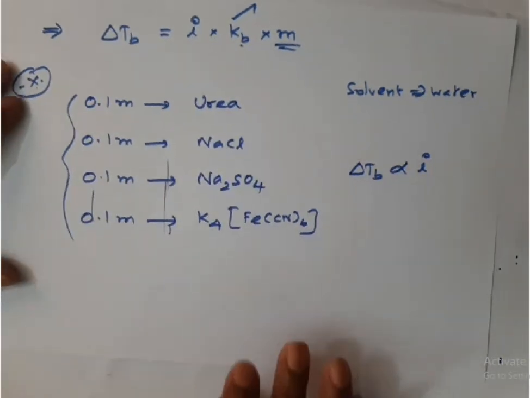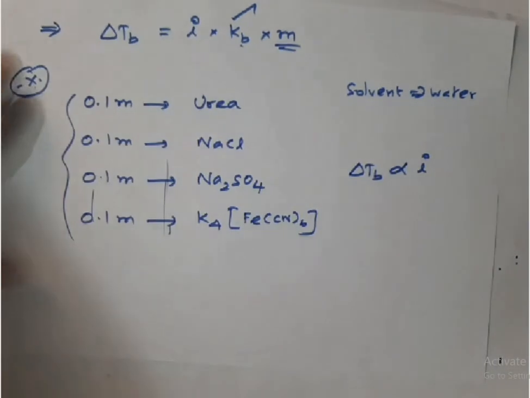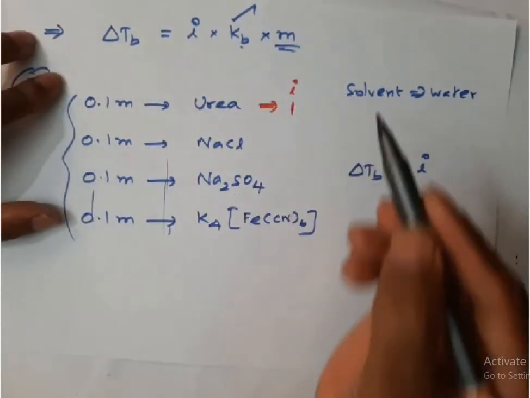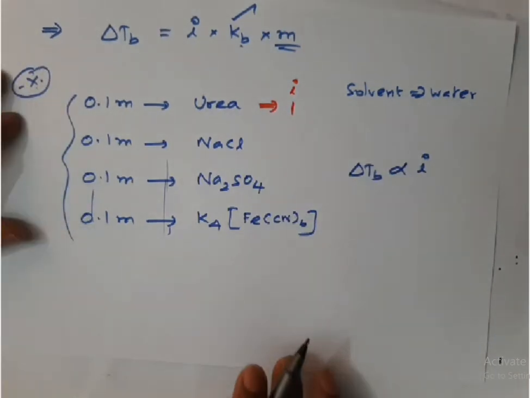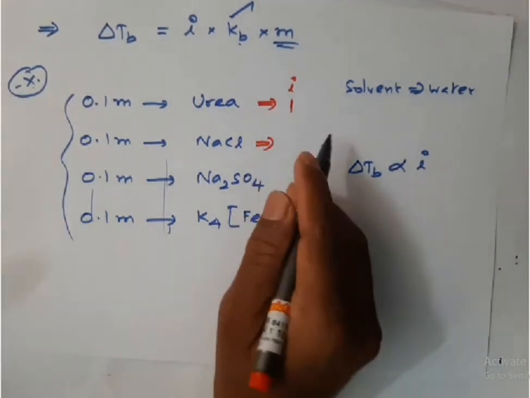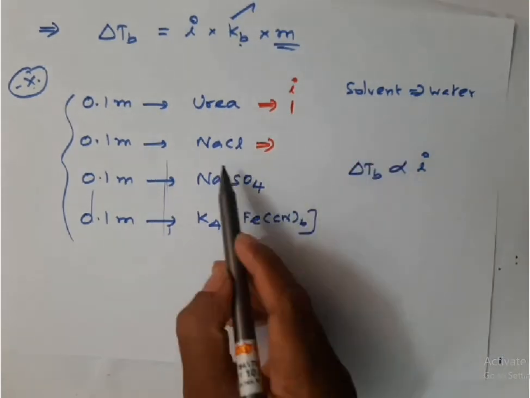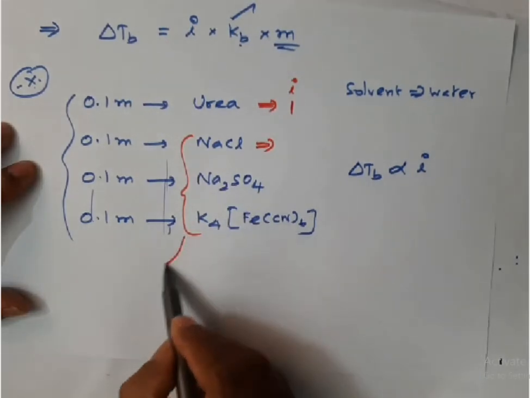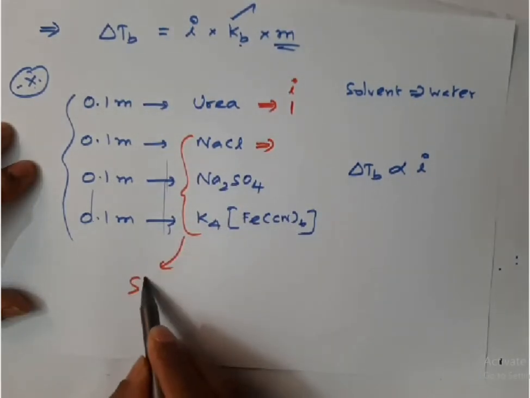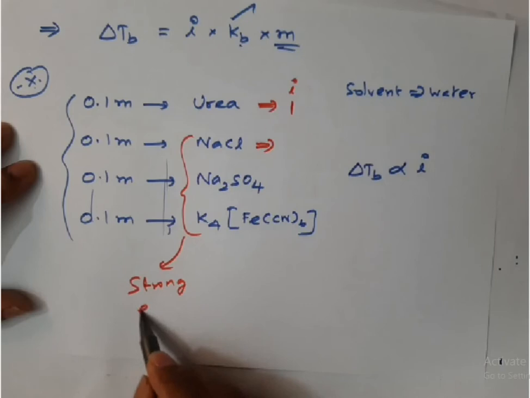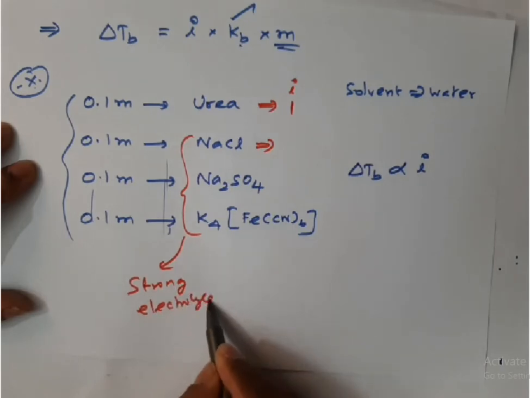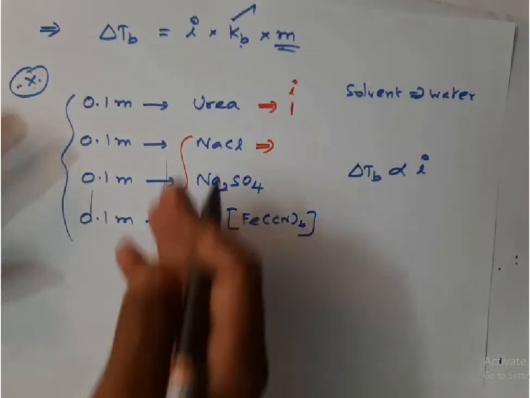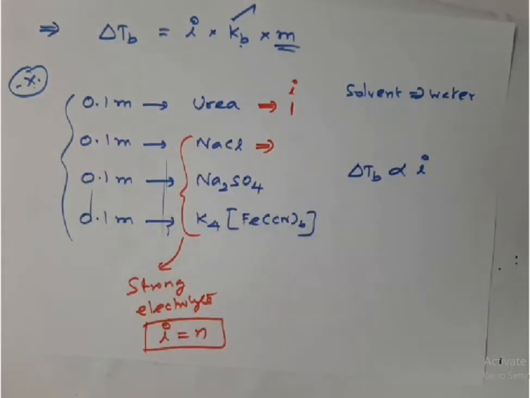Students, observe this carefully. What is the value of i here? Urea is a non-electrolyte, so i equals 1. Sodium chloride, sodium sulfate and potassium ferrocyanide are all strong electrolytes. You know very well that for a strong electrolyte i is equal to n, because all these electrolytes undergo dissociation.